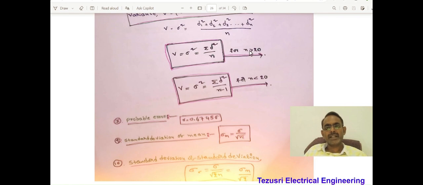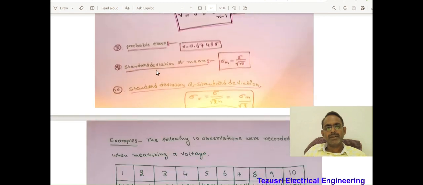If the number of samples is greater than 20, sum of the deviation square by n equals variance. If the number of samples is less than 20, the variance is sum of the deviation square by n minus 1. From the above, probable error equals 0.6745 times standard deviation sigma.